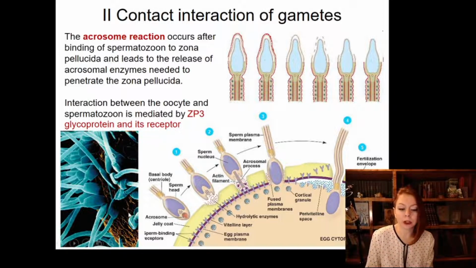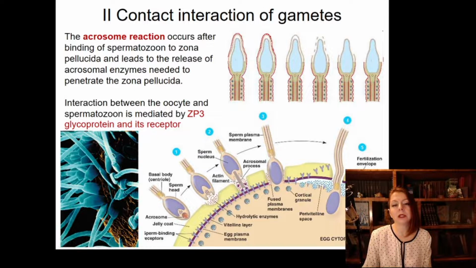So the acrosome reaction is realized, the zona pellucida is digested, and after that the receptors on the head of the spermatozoon come in contact with ZP3 glycoproteins in the oocyte. It has a very high significance, because in this way interspecies breeding is prohibited.